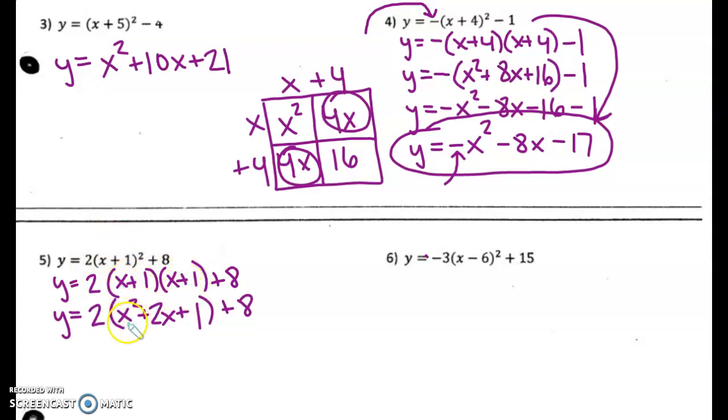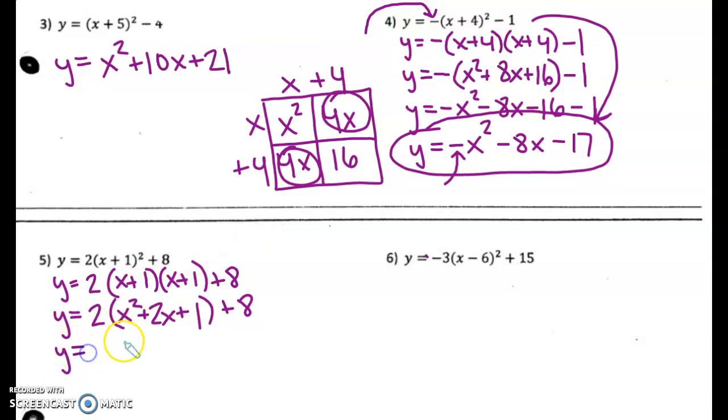It's x times x, which is x squared. The 2 middle ones, you add them. So 1 plus 1 is 2. And then for the third term, you multiply them. 1 times 1 is 1. So that's how you get this rather easily. But if you can't remember that, that's fine. Just use the box to multiply it out.